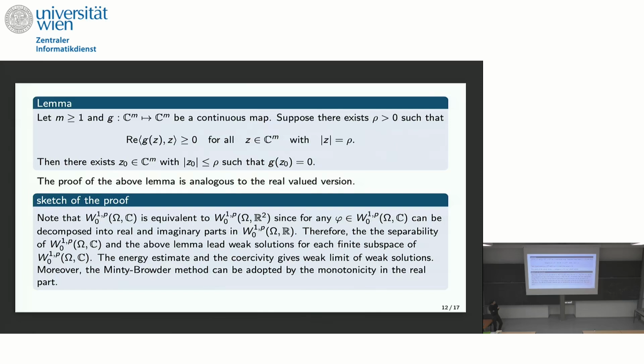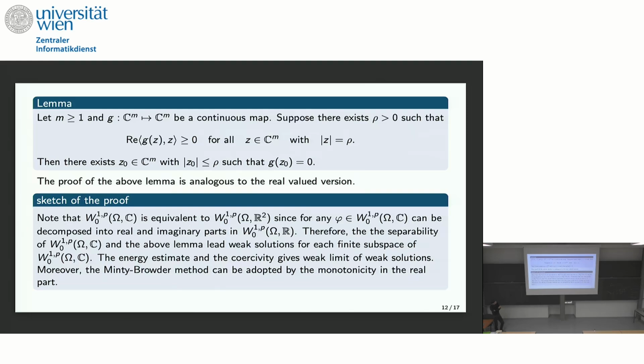This is the real case, but in our case this is the mapping from the complex space to itself. Then if the condition is only true for the real part, the same conclusion holds. Okay? So the proof is analogous.